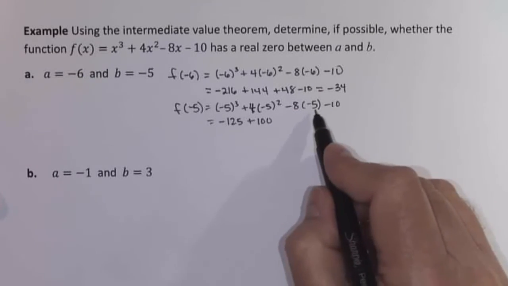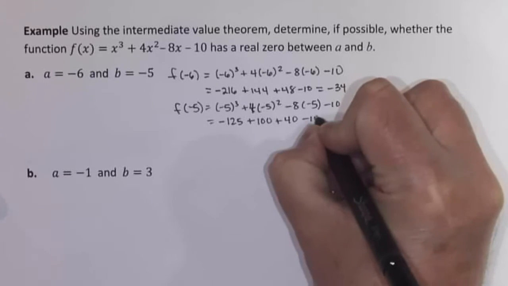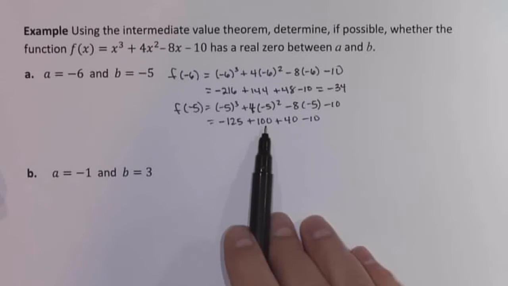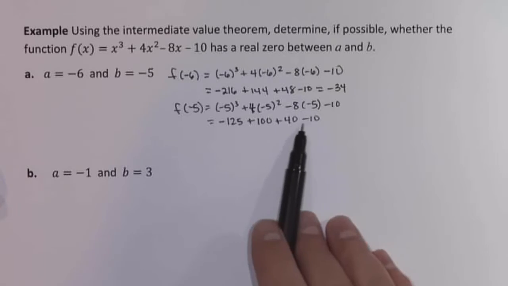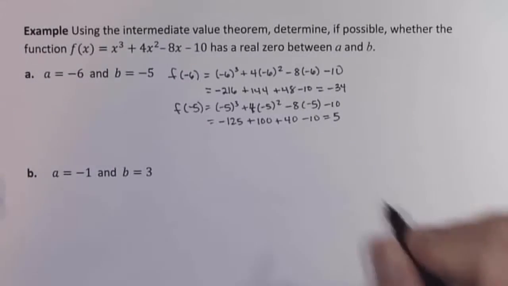Minus 8 times negative 5 is going to be plus 40, minus 10. So negative 125 plus 100 is negative 25. Negative 25 plus 40 is positive 15, and positive 15 minus 10 is 5.